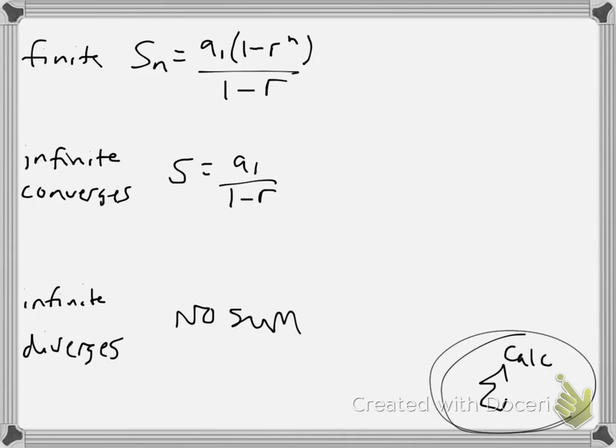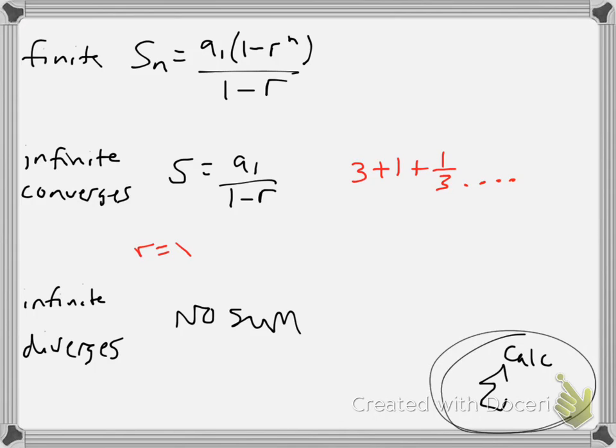So let's get us a series here. This one is infinite and converging, so we'll go to here. 3 plus 1 plus 1/3, and it goes on and on and on forever. You can see that it has a common ratio of multiplying by 1/3. Just throwing that out there, you should be able to see that.